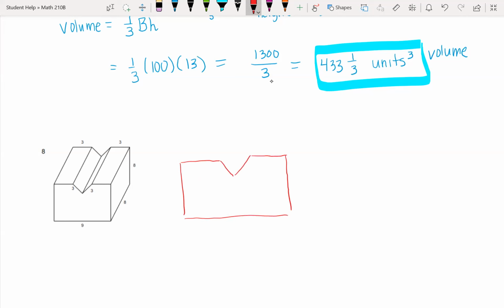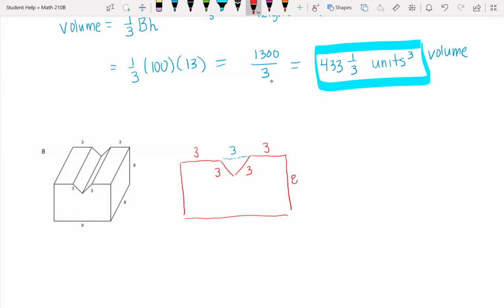This is not to scale, but we know that this length is 3, this length is 3. And so then that means that this distance here has also got to be 3. We know that this is 3 and this is 3. So this little trough that's in the middle is an equilateral triangle.